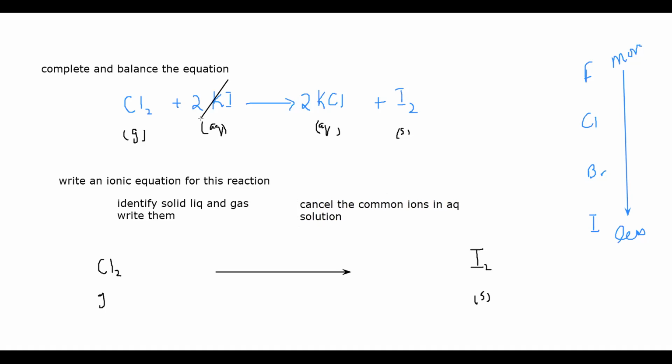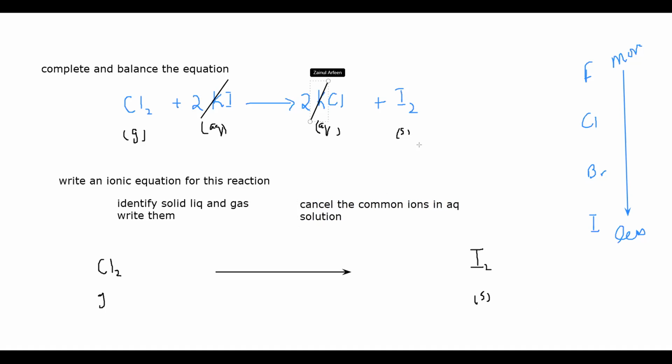Potassium is common, so potassium will cancel out with potassium. How do I know that potassium chloride or potassium iodide is aqueous? Because the question gave it, that's why I know. In an exam, if it was solid or liquid, you cannot write an ionic equation. So this is a question I gave.